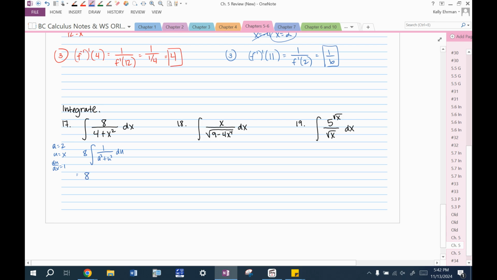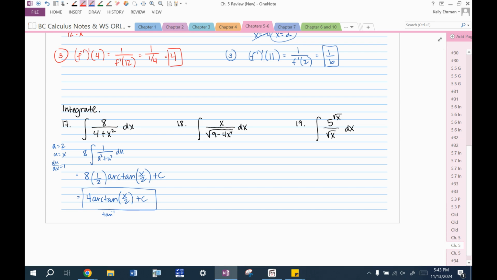Formula for this is 8 times, this is arctan, so times 1 over a, arctan of u over a plus c. 8 times 1/2 is 4, arctan x over 2 plus c. Remember that arctangent is the same as inverse tangent. So if you want to use that notation, you can.